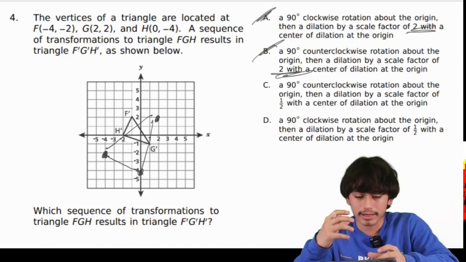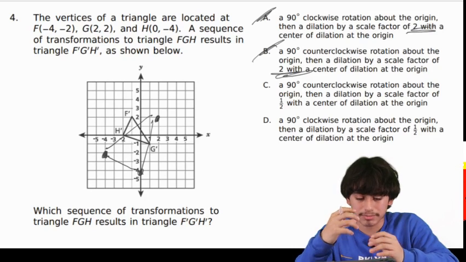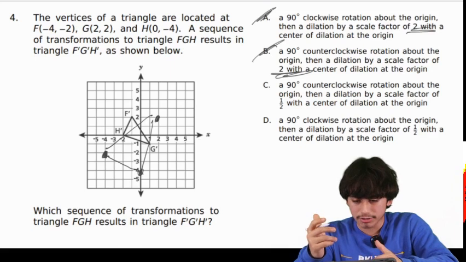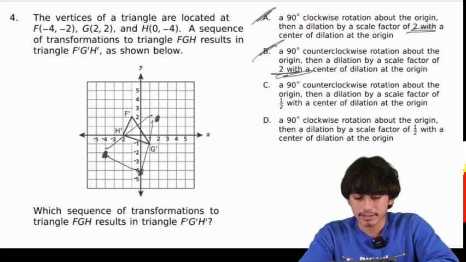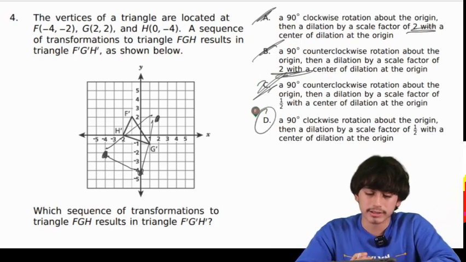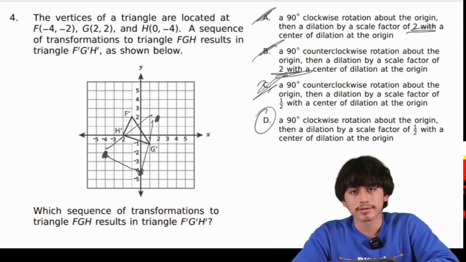And it looks like F prime, G prime, and H prime is pointing to the right. So the answer would not be C, because counterclockwise is to the left. So I would get answer D for number 4.